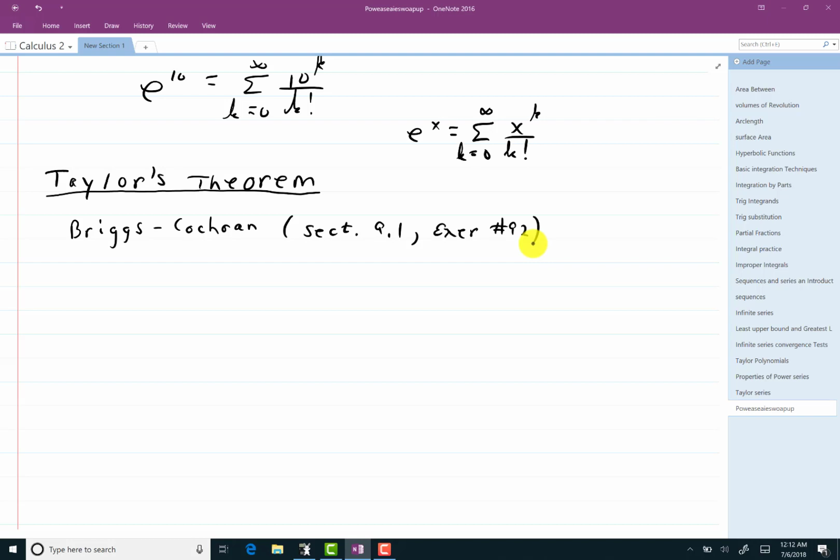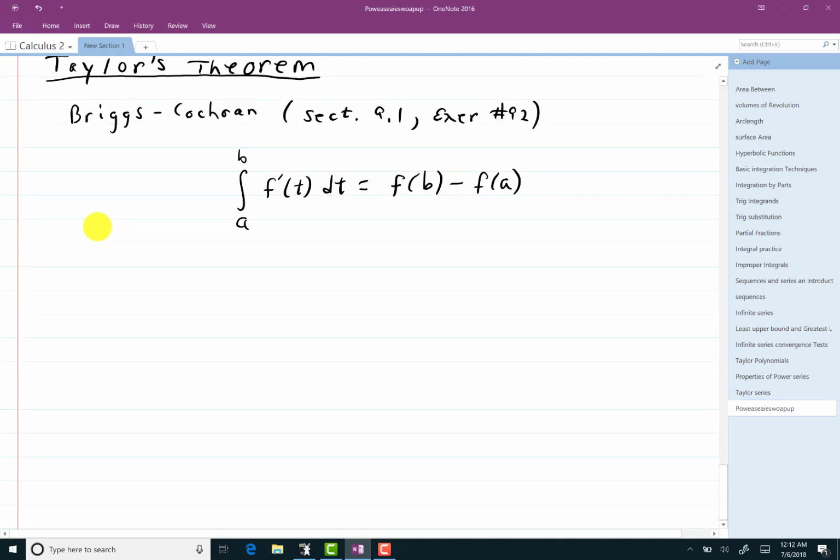But for the time being, let's recall the fundamental theorem of calculus. You know that if I have an integral from a to b, f prime of t dt, equals f of b minus f of a. The integral undoes the derivative.